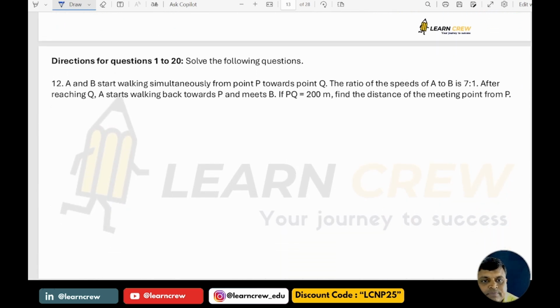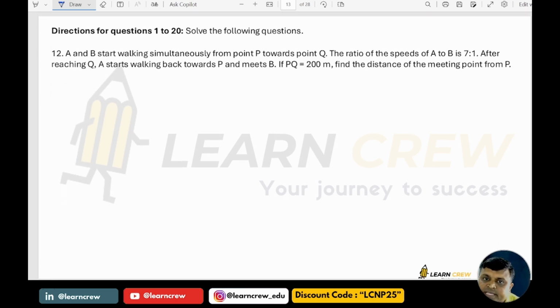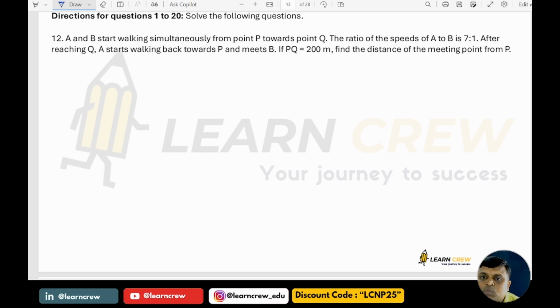Question number 12. A and B start walking simultaneously from point P towards Q. The ratio of the speeds of A and B is 7:1. After reaching Q, A starts walking back towards P and meets B. PQ is equal to 200 meters, this distance is given.